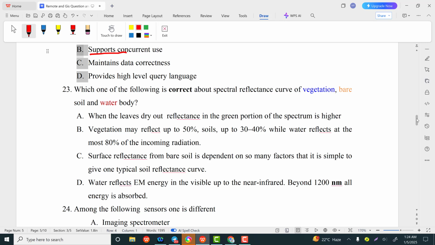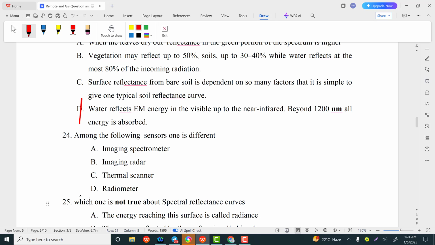C, surface reflectance from bare soil is dependent on so many factors that it is simple to give one typical soil reflectance curve. D, water reflects electromagnetic energy in the visible up to the near infrared beyond 1200 nanometers. All energy is absorbed. So the answer is B.